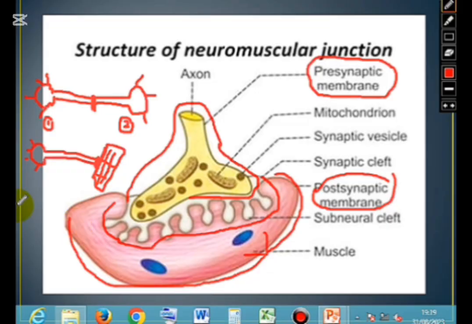Okay. And then a synapse can also be the union between a nerve cell and a gland. In your body, you have so many endocrine glands, including exocrine glands.